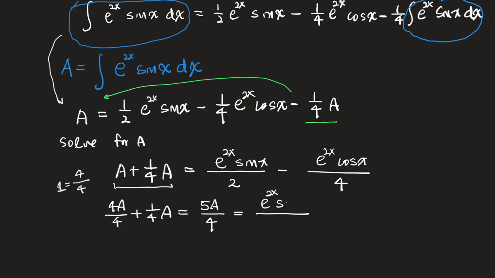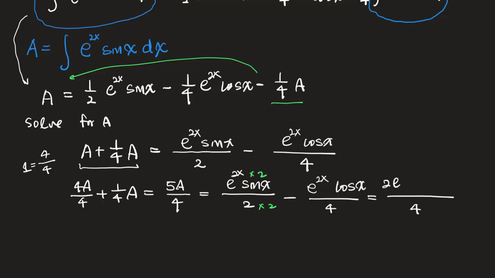On the right side, use the same denominator of 4: 2e to the 2x sine x minus e to the 2x cosine x. We are almost done.